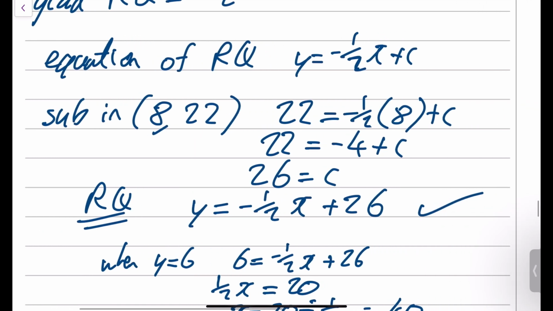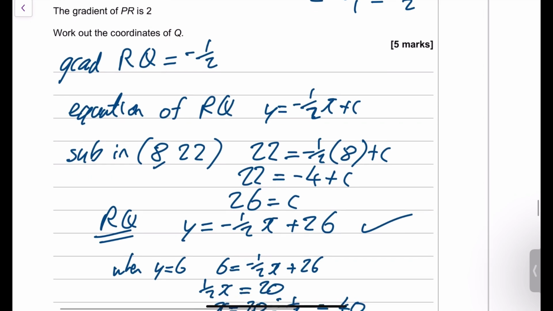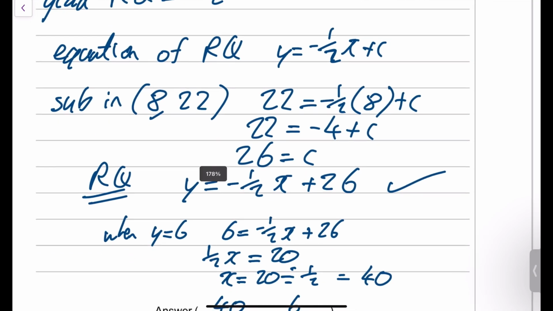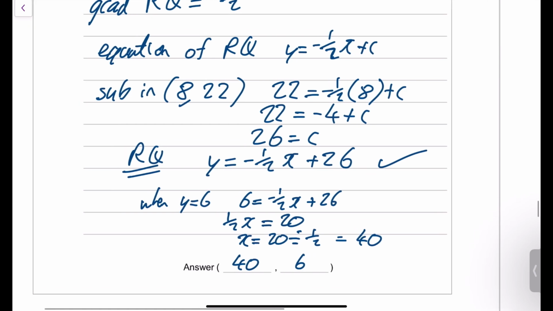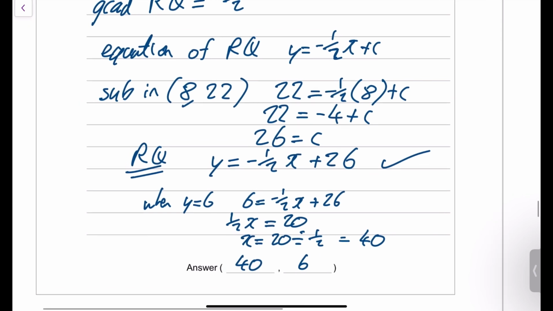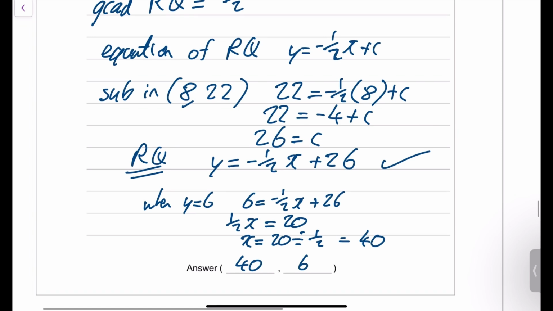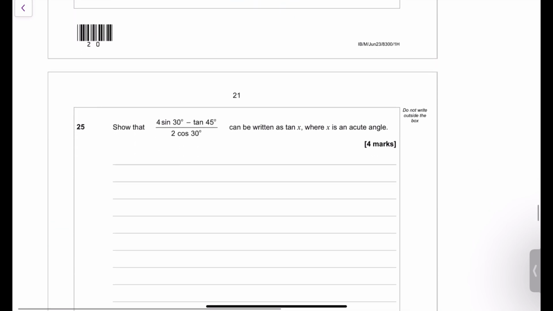Sub in the 8, 22. 22 equals, yes, 26. That's my y-intercept. So that's my equation. When y equals 6, 6 is equal to, so minus 20. Yeah, it looks right. Don't see anything wrong with it.